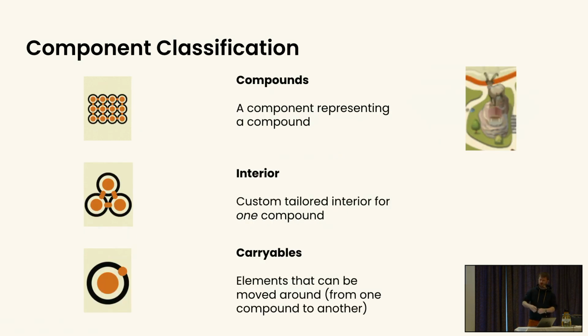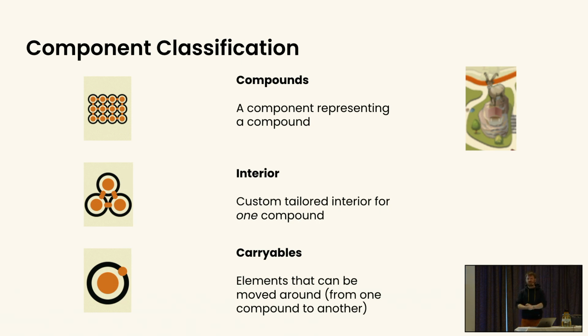And then if we go into tinier scales, we have the organisms that are now our compounds, so one component responsible for one compound. And the molecules become the interior of the compounds, custom tailored elements that are only built for that particular compound.